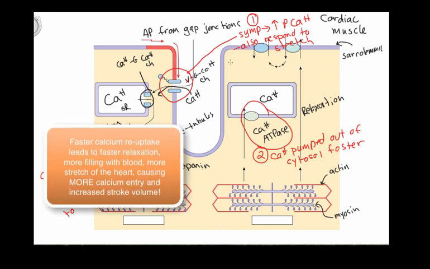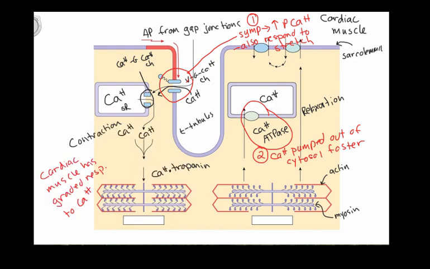So under the effects of sympathetic stimulation, more calcium enters, we have more calcium-troponin interactions, we have more actin and myosin sliding, and we have a stronger force of contraction. But at the same time, we're putting calcium away faster, so we have a quicker relaxation. So it contracts strongly, it relaxes quickly, and it has more time to fill with blood, and that filling with blood stretches it and causes even more calcium to enter.